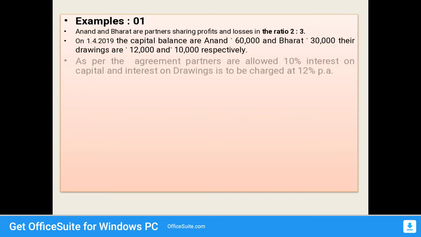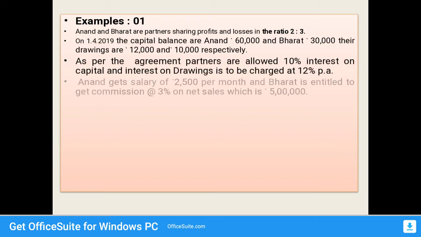So example, first example we will discuss here. Anand and Bharat are partners sharing profits and losses in the ratio 2:3 on 1st April 2019.